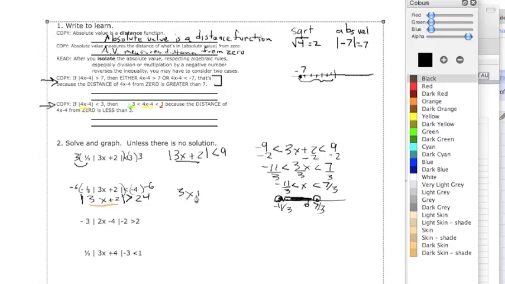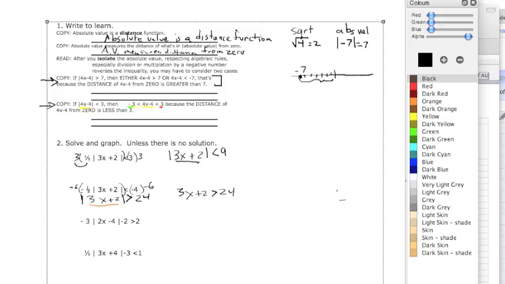So 3x plus 2 is greater than 24, or 3x plus 2 is less than negative 24. Subtract 2 from both sides. We haven't done anything to change the inequality.